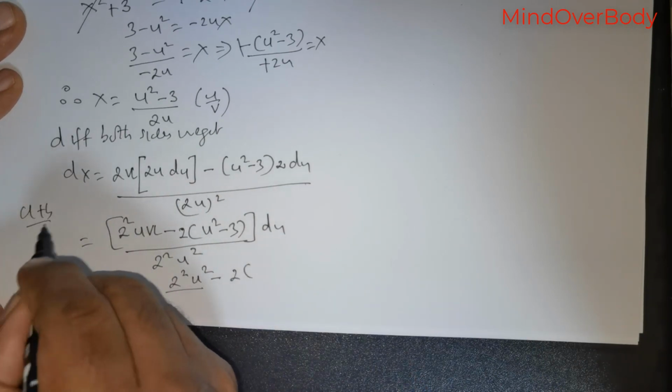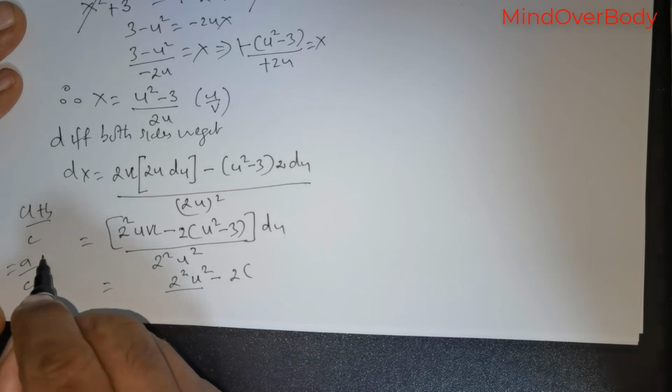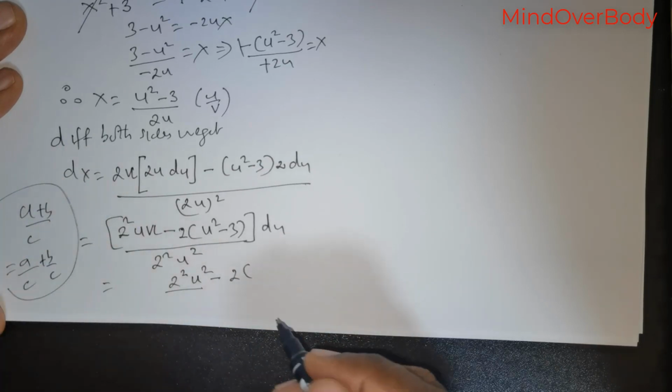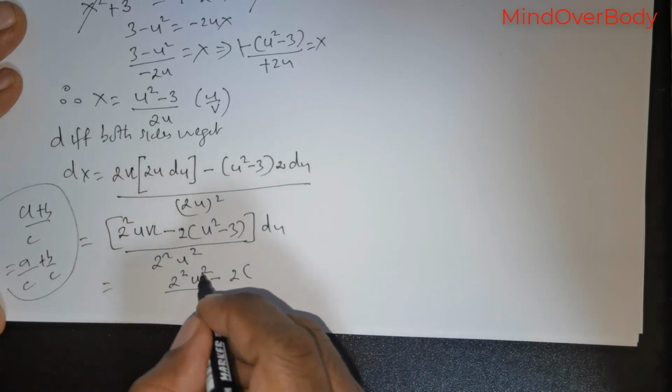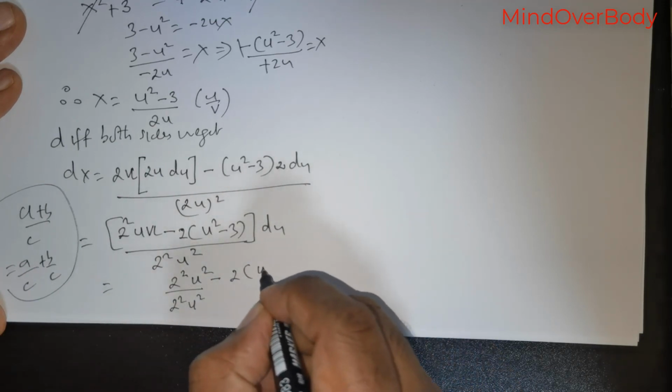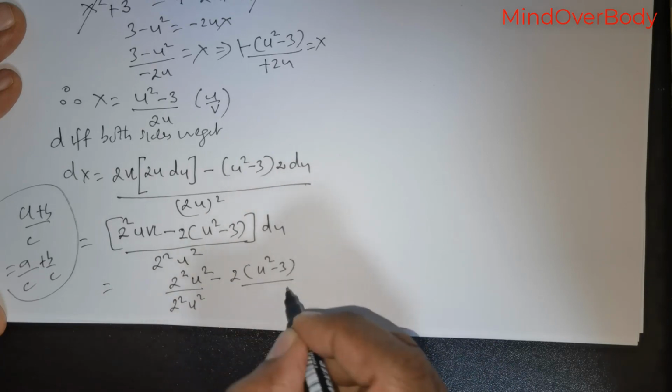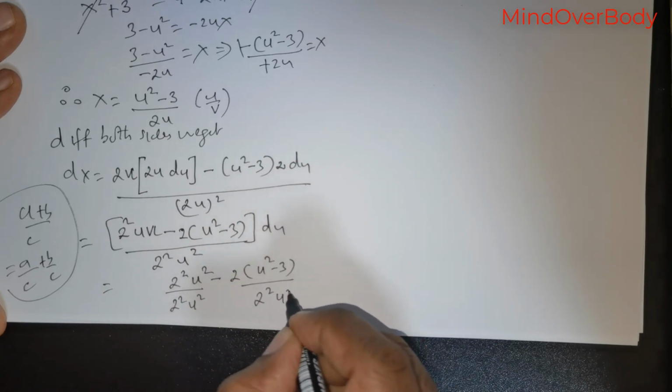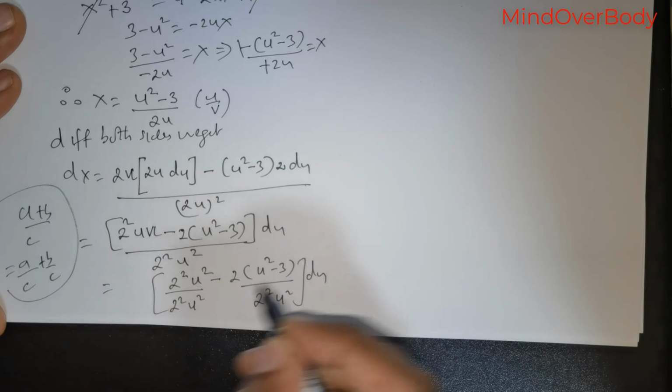If I have a plus b divided by c, I'm going to write it as a over c plus b over c. So this is going to be 2 times u squared divided by 2 squared u squared minus 2 times u squared minus 3 divided by 2 squared u squared times du.